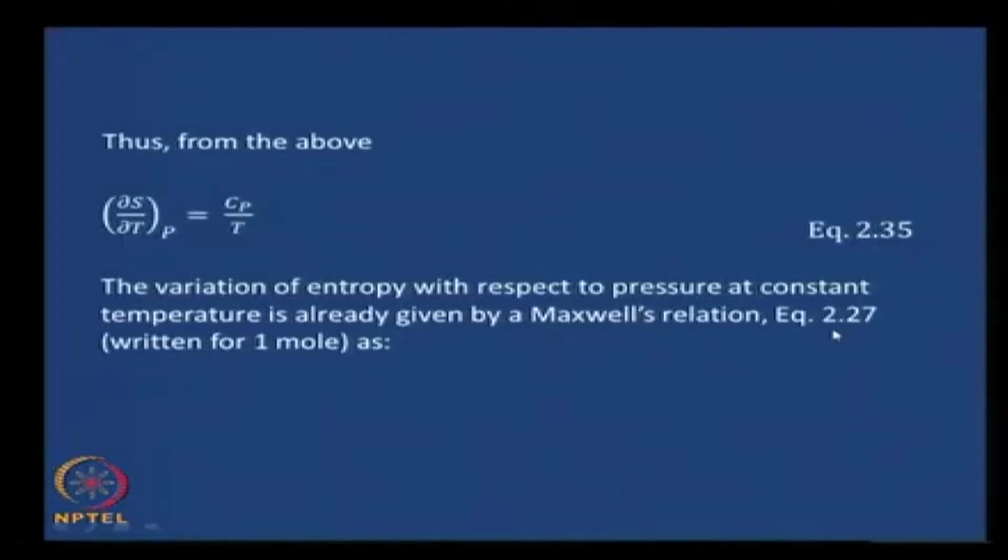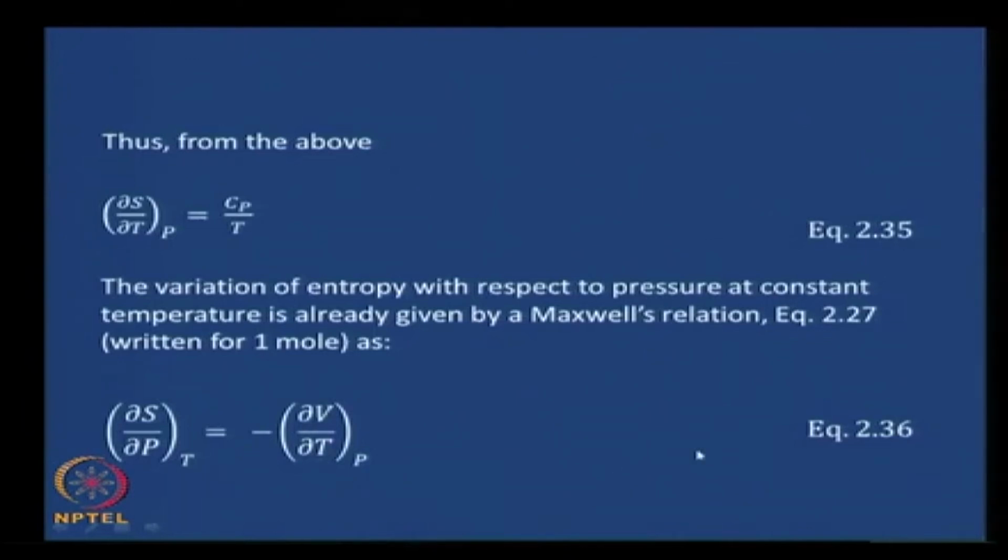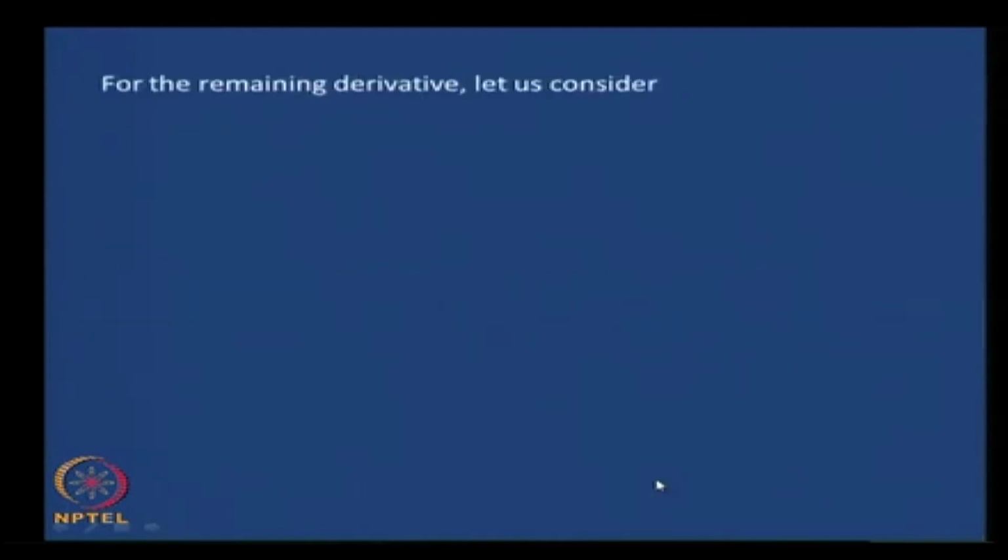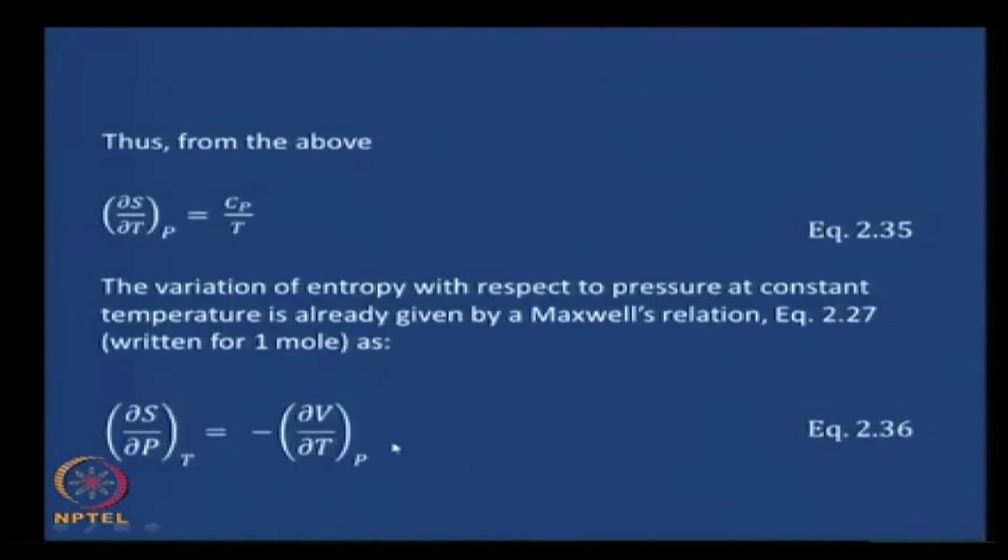You can go back and look at that. Actually equation 2.27 written for 1 mole was ∂S/∂P at constant T equals minus ∂V/∂T at constant P. Let us call this equation 2.36, and therefore that takes care of 3 different parts of the question.